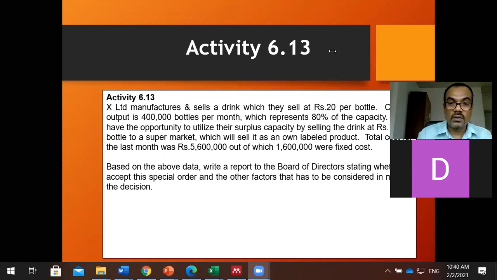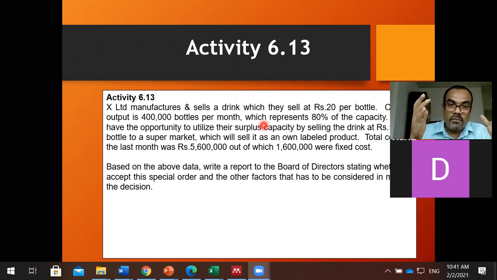Someone asked: should we use 320,000 units in this case when calculating the average variable cost? No, the current output is 400,000, which represents 80% of the capacity. If you take 80% of that, 320,000, that is a wrong interpretation of the input.